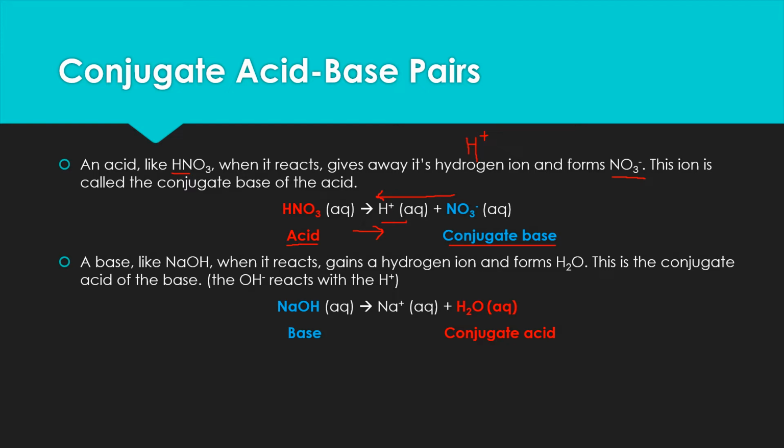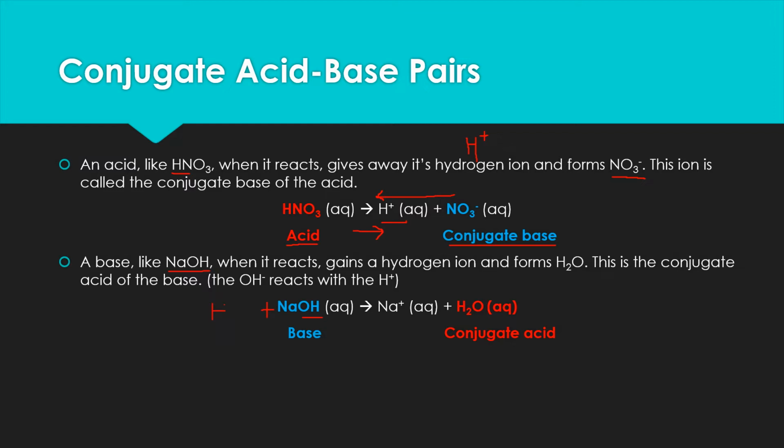Now we can do the same type of thing with our base. So a base like sodium hydroxide, when it reacts, gains a hydrogen ion and forms water. This is the conjugate acid of the base. Okay, so the OH from our base reacts with, and what I'm missing here is our hydrogen, right?